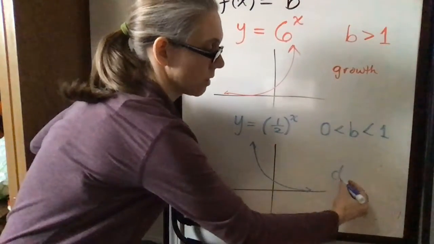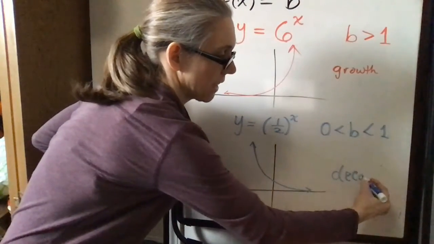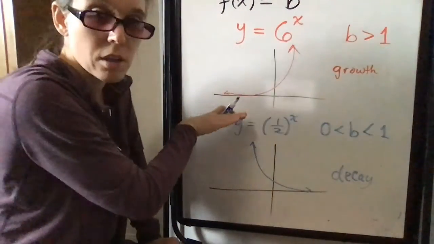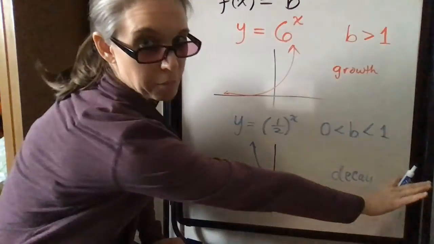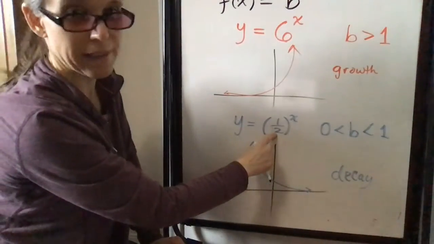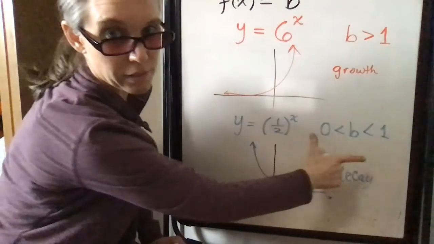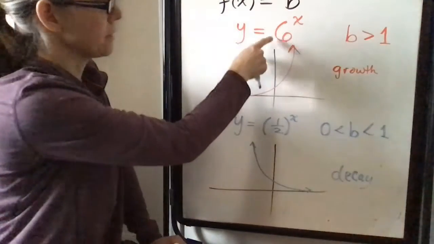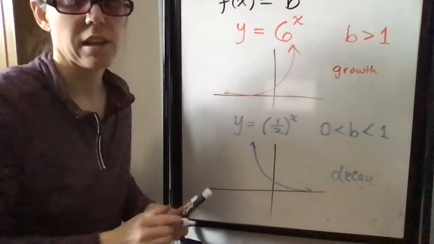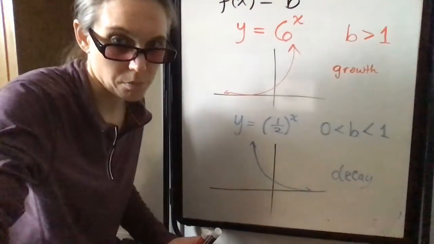And this is called exponential decay. So when the graph goes down over time, that's because the base is between 0 and 1. But when the base is bigger than 1, then you're going to see exponential growth.